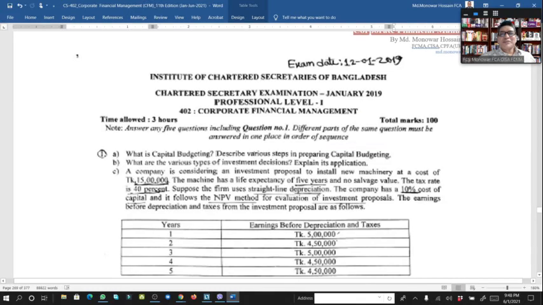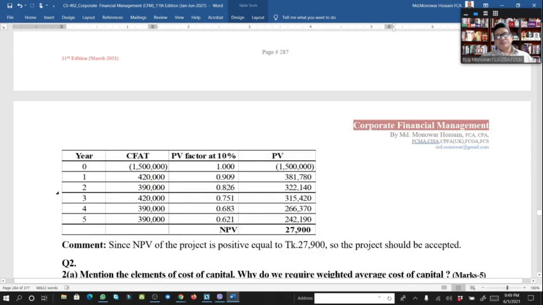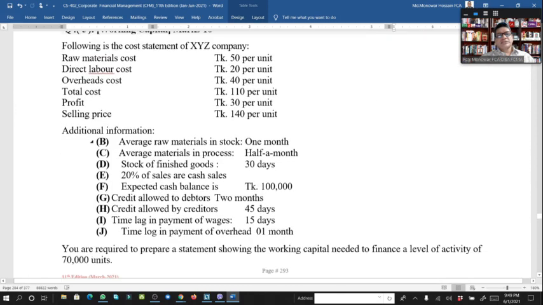The January 19 CS question is here, and I have the model solution ready for you. I will give you the full set just for understanding, and it is okay with the theory for the total thing here.